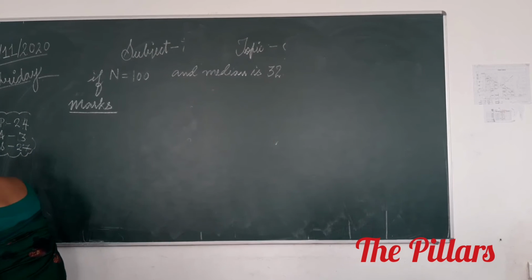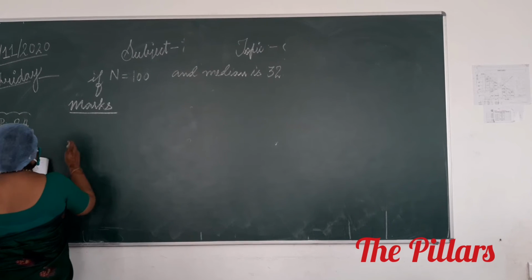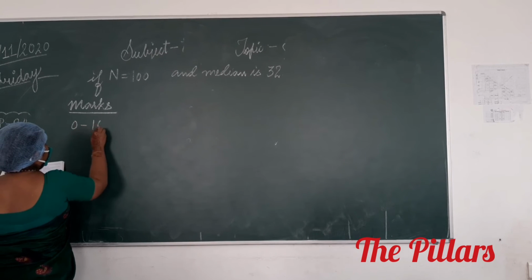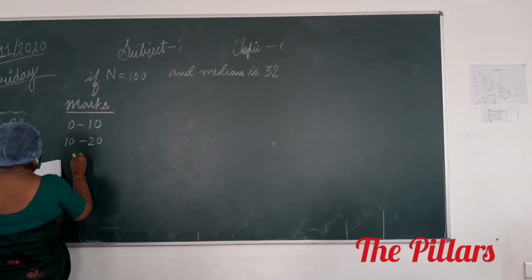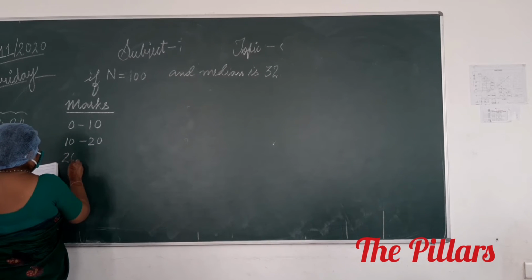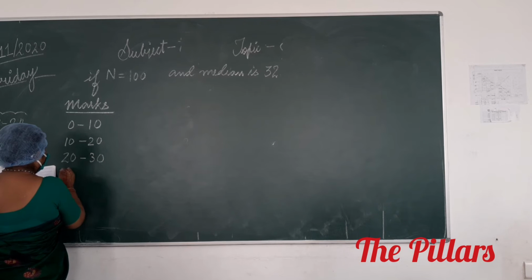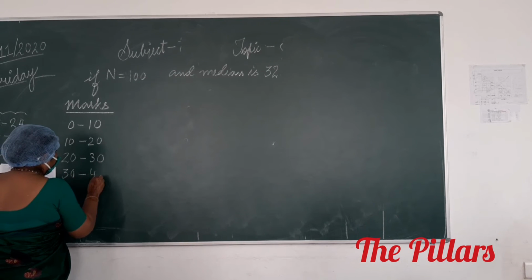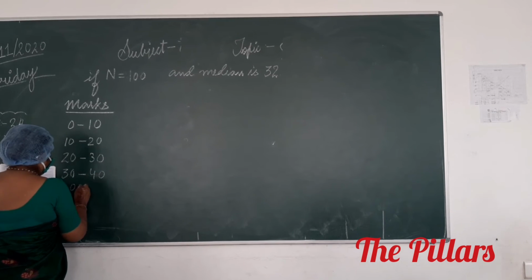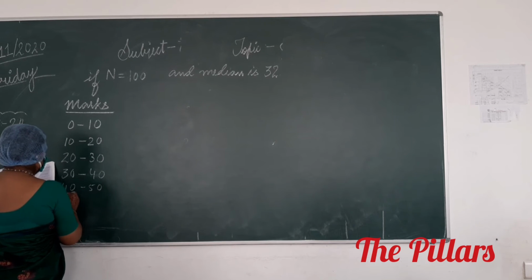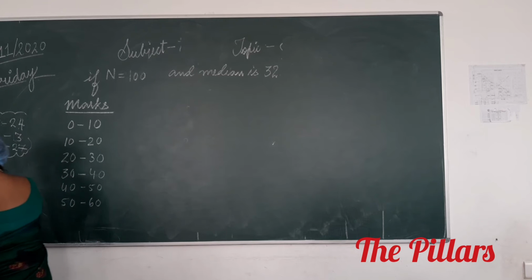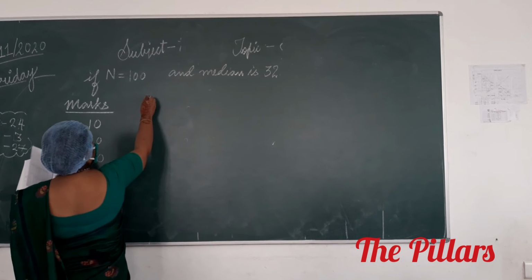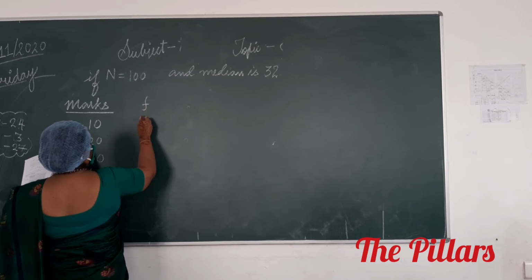What's the marks? 0 to 10, 10 to 20, 20 to 30, 30 to 40, 40 to 50, 50 to 60. And the frequency was 10.